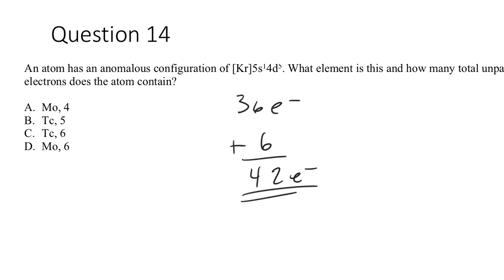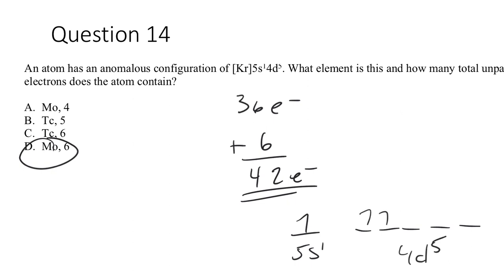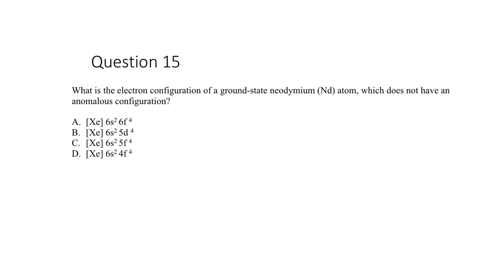Just check your periodic table, and that would be molybdenum. And then how many unpaired electrons? I have the 5s1, and then the 4d, which has 5 orbitals, so I have 5 of the 4d spin unpaired, so 6 total unpaired electrons.